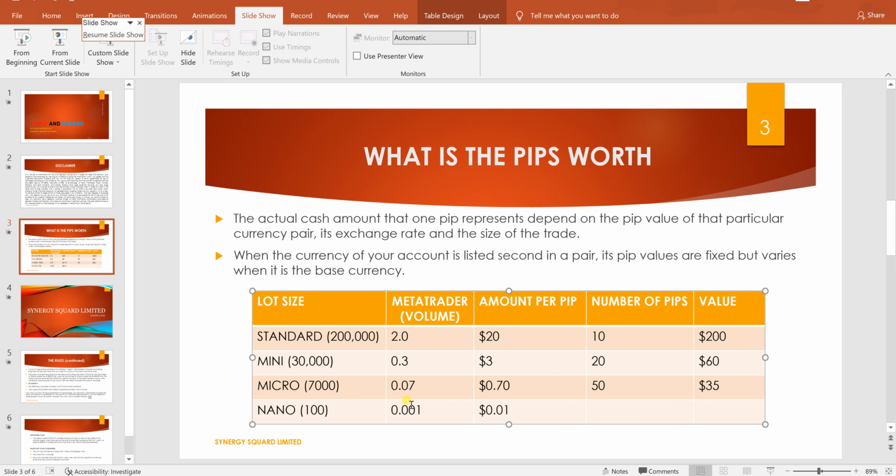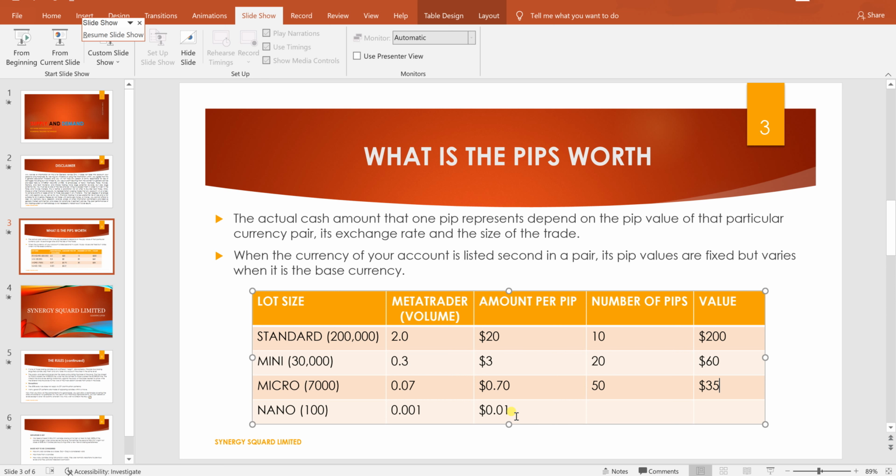Now on nano lot size, which is insignificant and not mostly mentioned, you will be controlling 100 units of currency, and this is the volume to which it can be traded, of which this, which is 0.01 divided by 10, will give you 0.001, and the amount per pip is 1 cent.